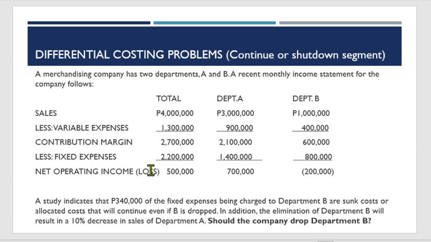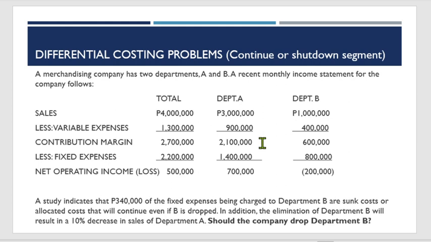Okay, since the sales of Department B will be eliminated, wala ka nang mabibenta dito, yung Department A na lang ang matitira. Since yung sales, ang sabi, it will decrease by 10% and it will have an effect. Therefore, it is imperative that the decrease in the sales will have a direct effect on the variable expenses. Then it is easy for us to compute for the contribution margin effect.